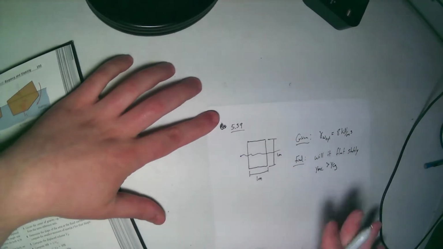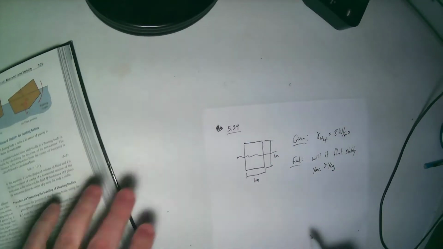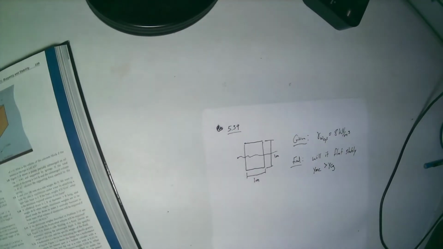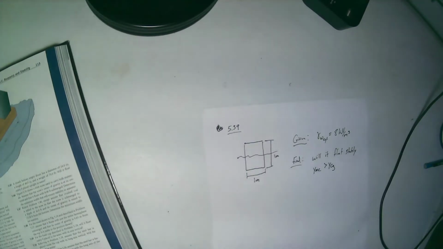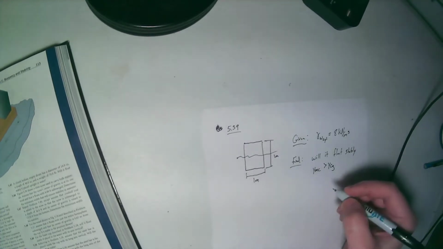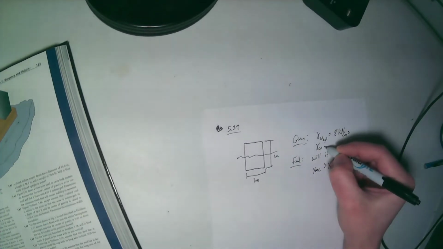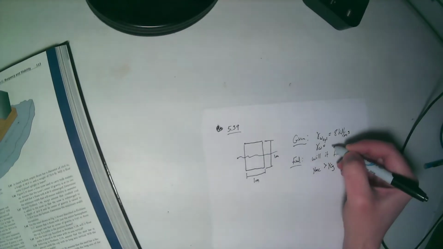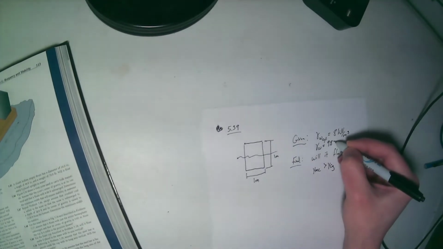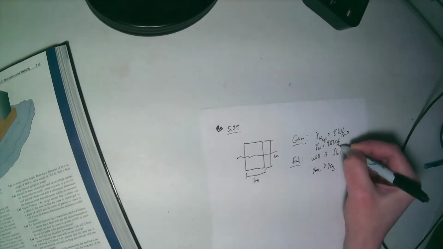Did it say water? I believe so. Since we know it's water, the specific weight of water is equal to, well, we're metric, so 9.81 kilonewtons per meter cubed.